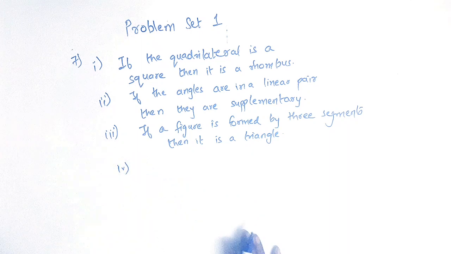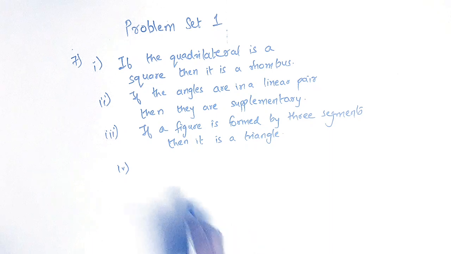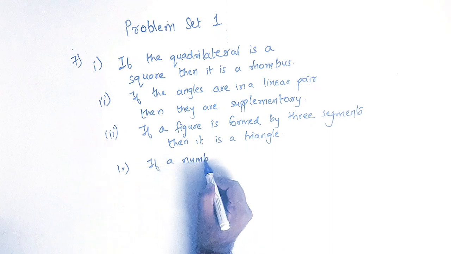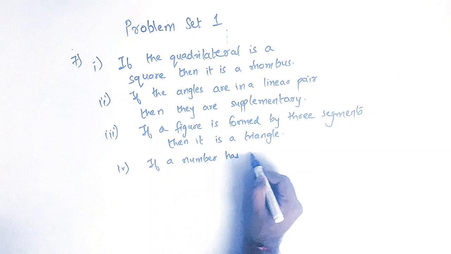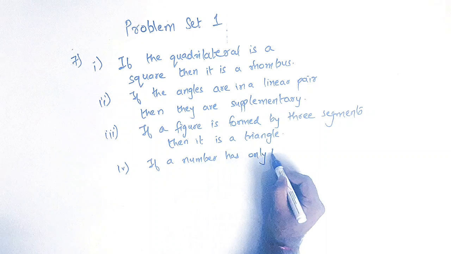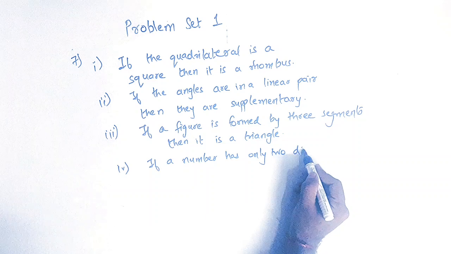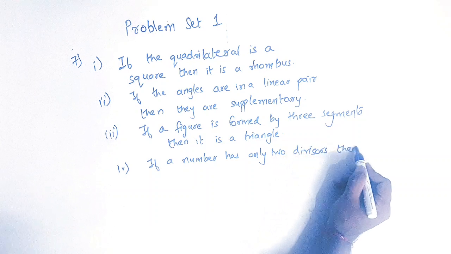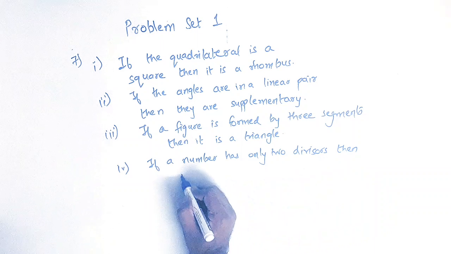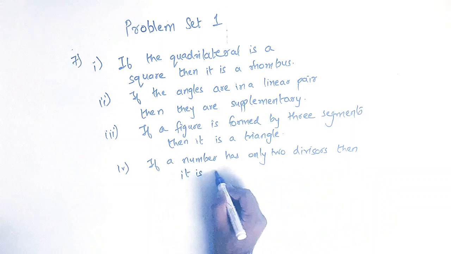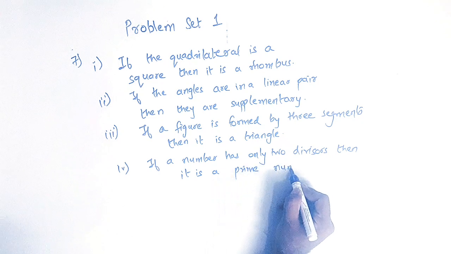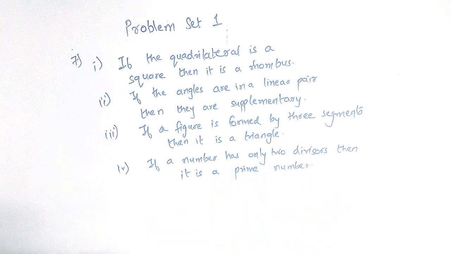Fourth one, a number having only 2 divisors is called a prime number. So if a number has only 2 divisors, then it is a prime number. Okay, so we are done with question number 7.